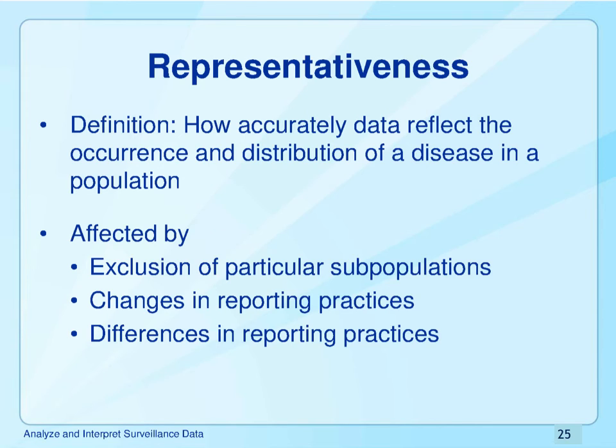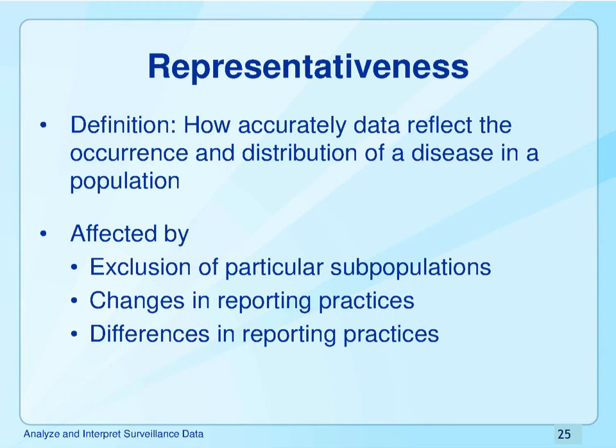Now, when data are not representative of the true occurrence and distribution of the disease in the population, then estimated statistics such as prevalence rates may overestimate or underestimate the true burden of the disease in the population. And so we won't be able to appropriately design programs or direct resources to the appropriate area. This may lead to implementation of prevention and control measures that may be excessive or inadequate.